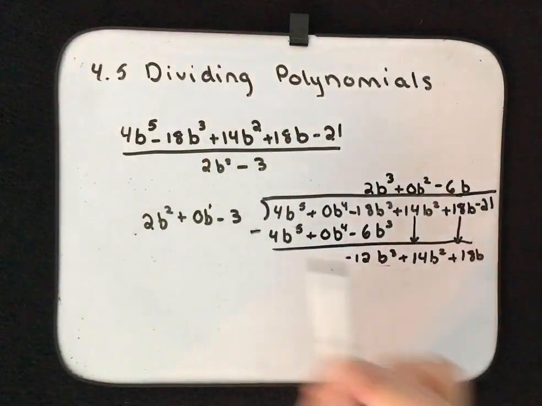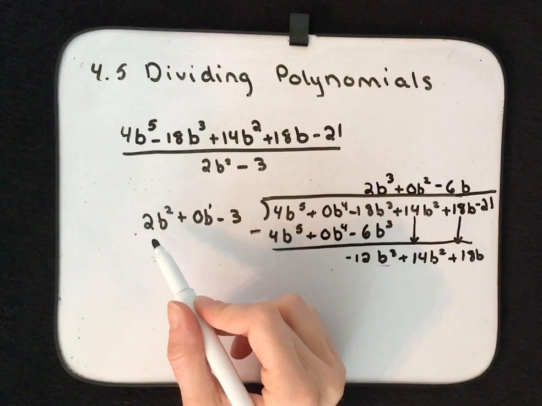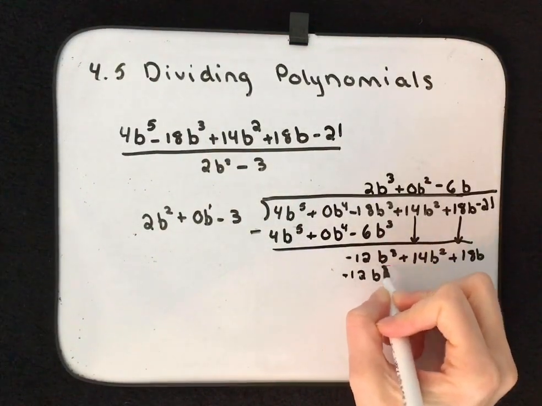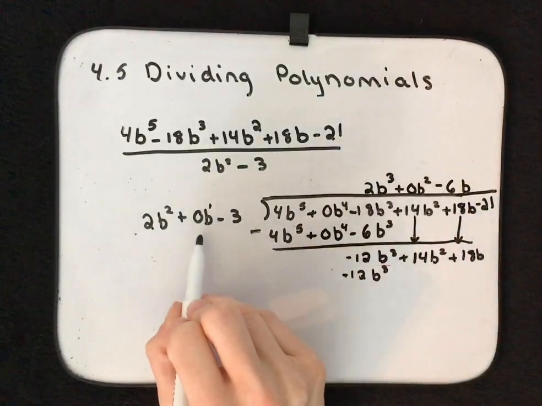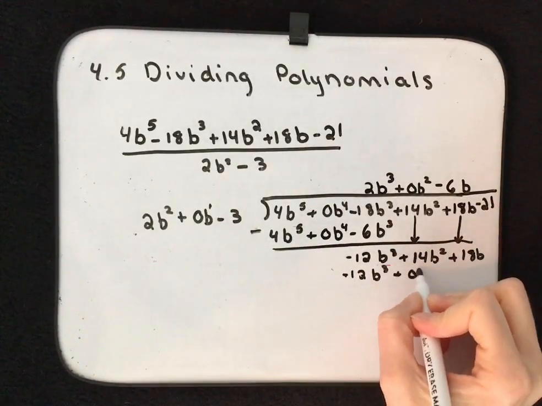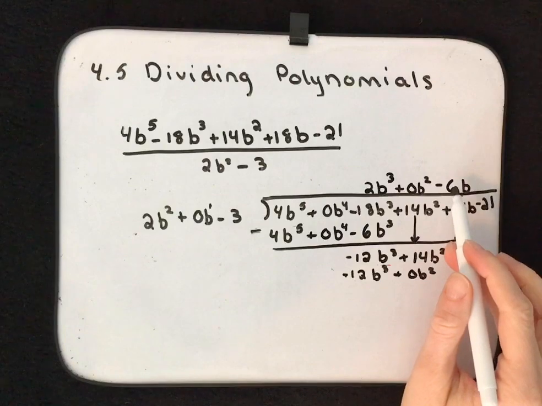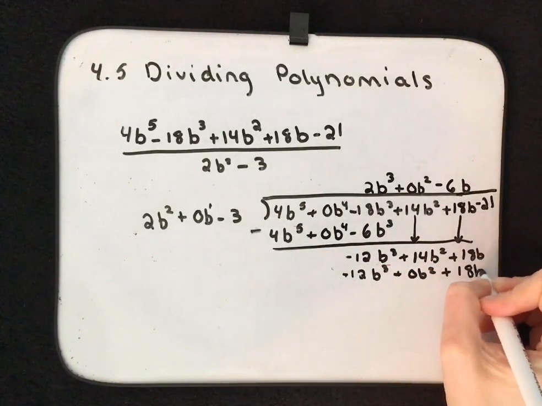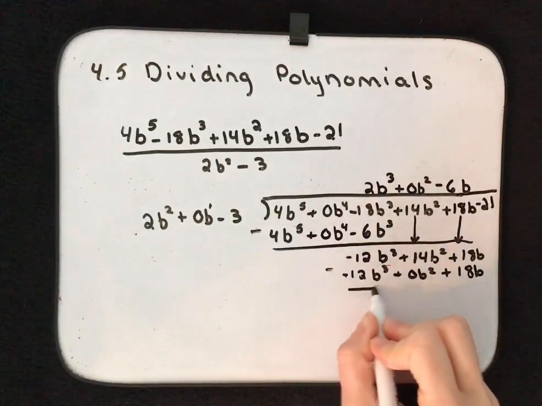Negative 6b times 2b to the second gives us negative 12b to the third. Negative 6b times 0b gives us 0b to the second. Negative 6b times negative 3 gives us positive 18b. Now we're subtracting.